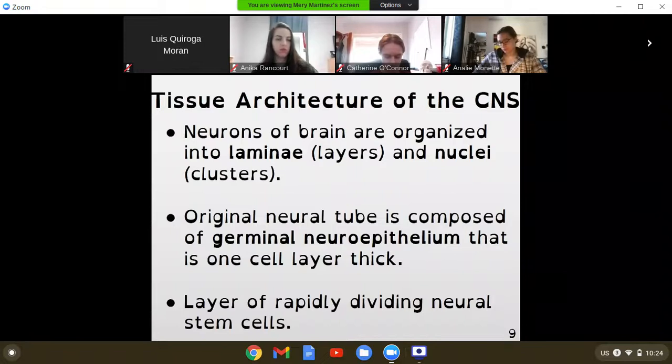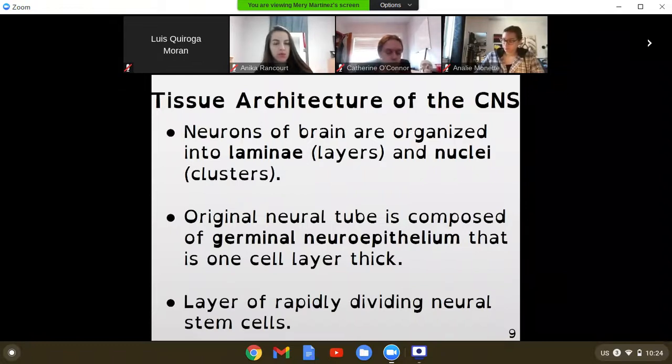The nuclei are just clusters of cells. So either they are in laminae or they are in nuclei, and each can have different functions and connections. It all depends on the precise localization of these cells.